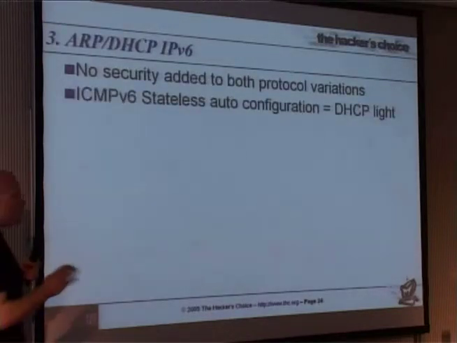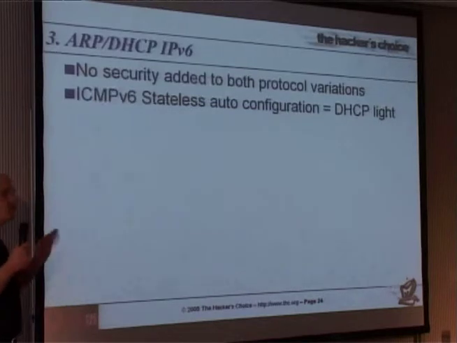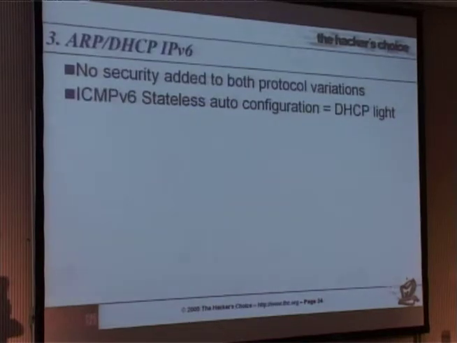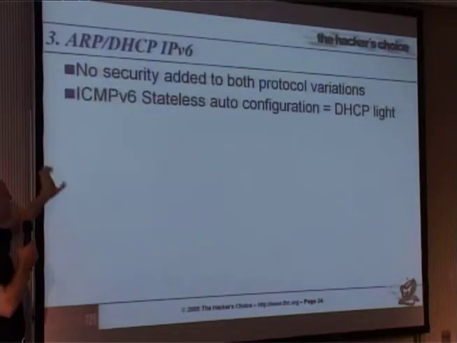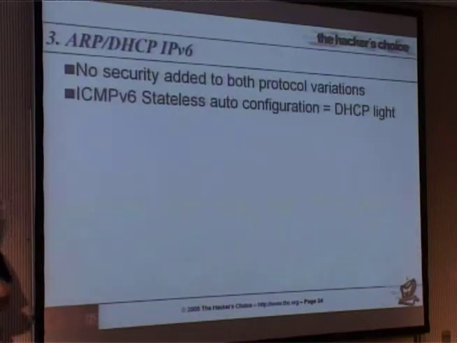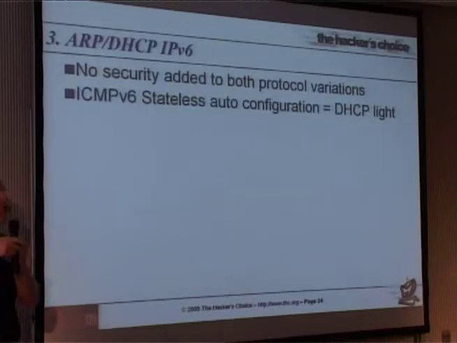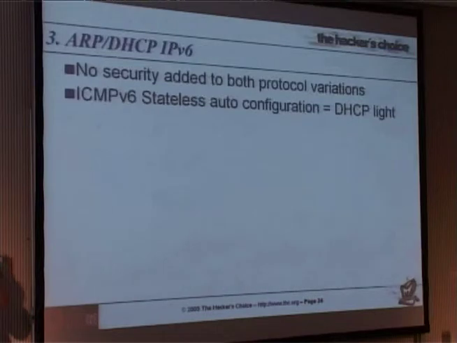ICMP version 6 does not have ARP, and you usually do not need normal DHCP. So first, ICMP version 6 has stateless auto-configuration, which means as you have your own MAC address, you always know the host part of your IP address. Just what you need is the network part of your IP address.